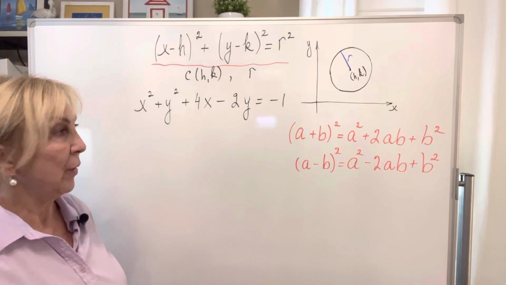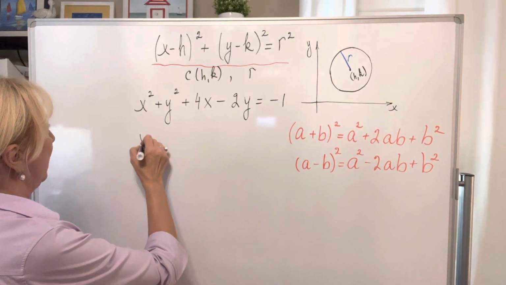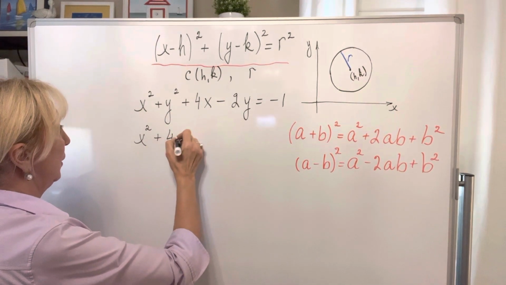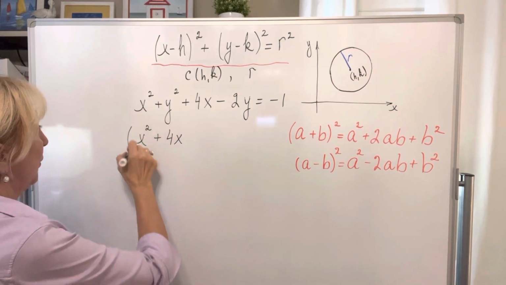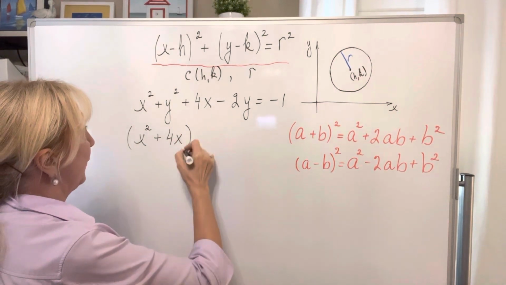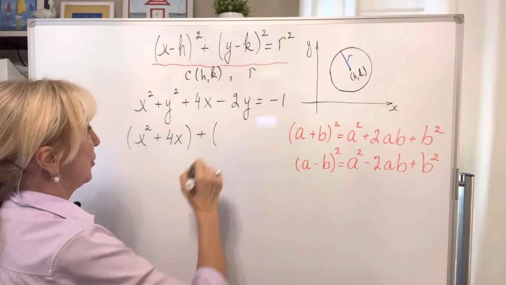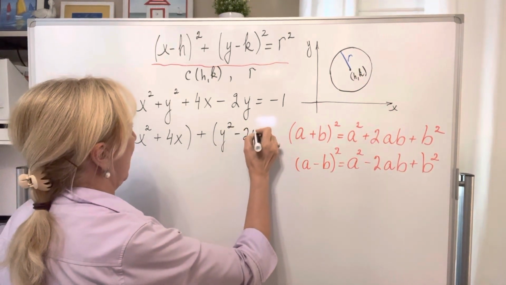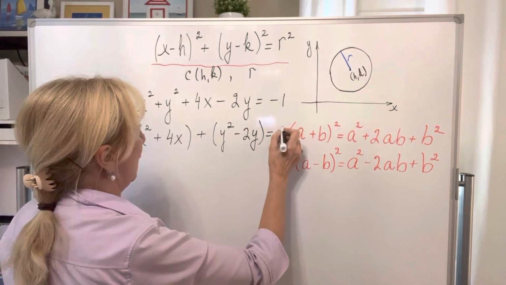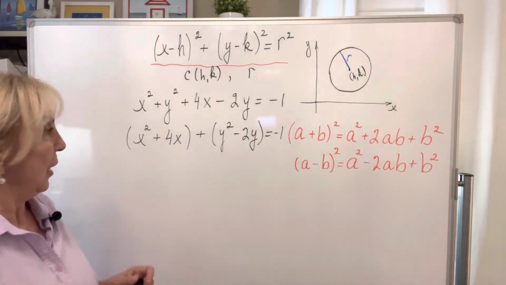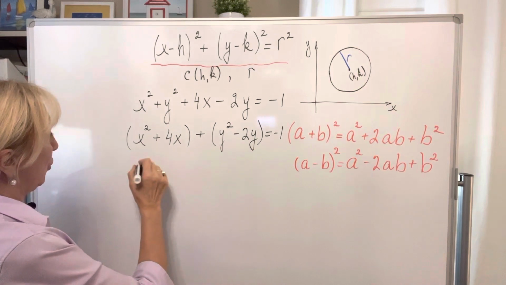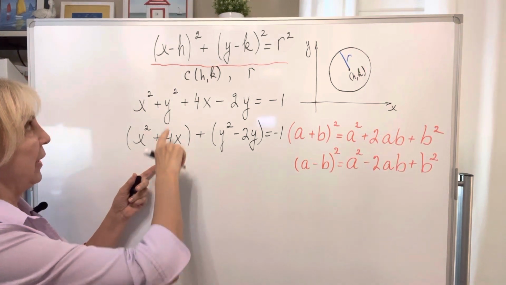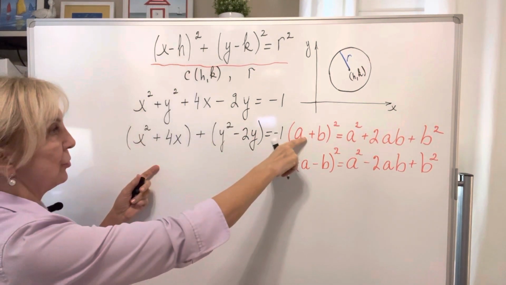The first step: we're going to collect the x's together. So I'm going to put x squared plus 4x, and I'm going to collect the y terms: y squared minus 2y, and we have -1 here. Now we're going to work with the first parenthesis and obtain this form.